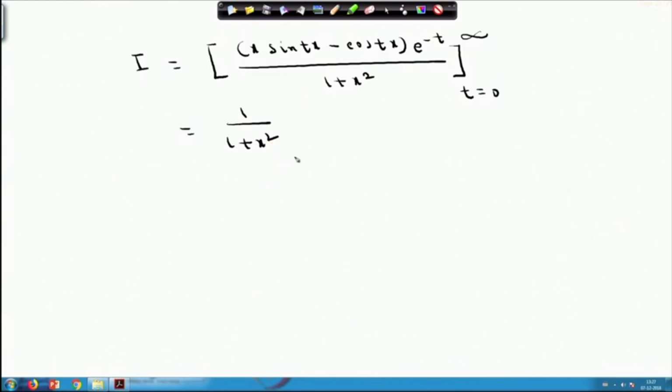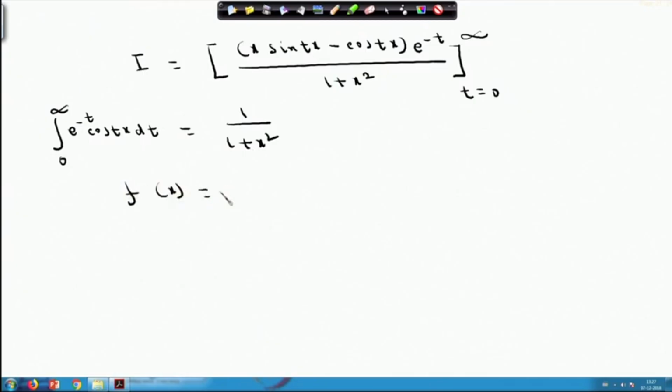Therefore, what was I? I was nothing but the given integral 0 to infinity e power minus t into cos of t x dt. This was the integral and its value is this. So what is f x?